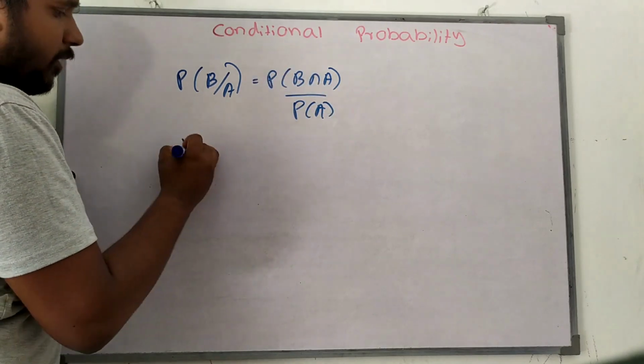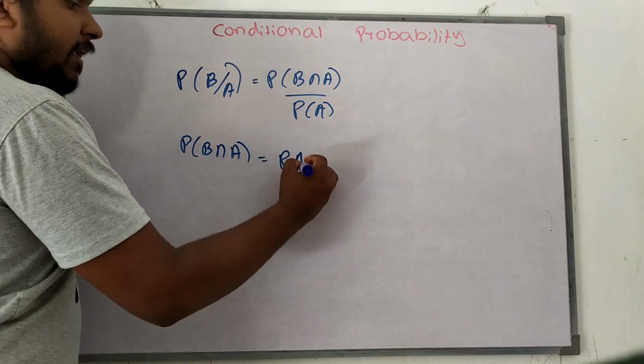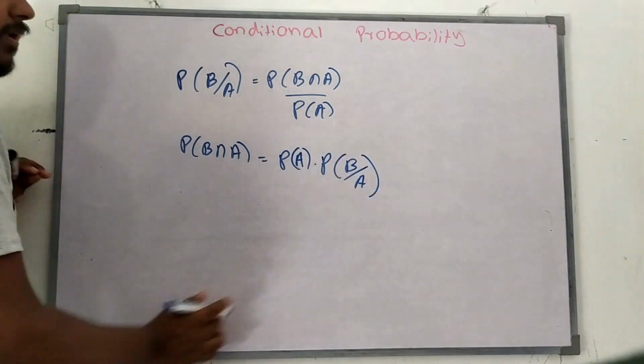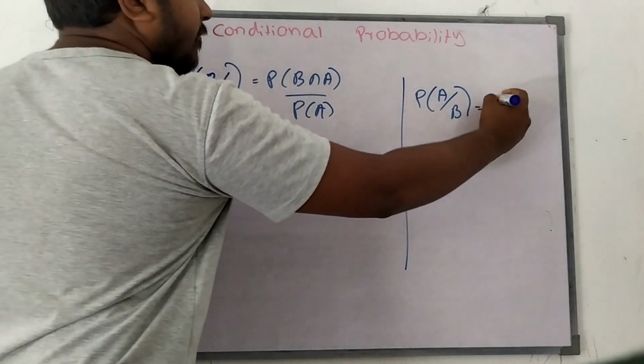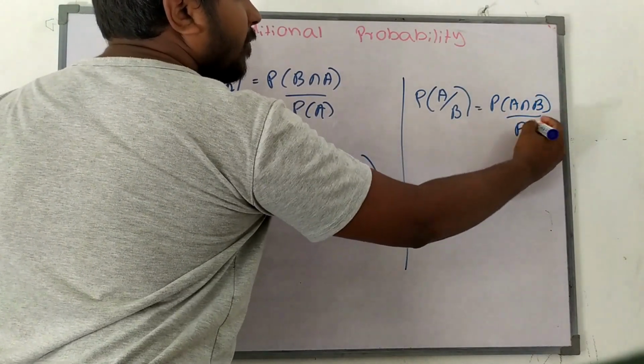So we get P(B intersection A), which is P(A) times P(B|A). Now assume the other way around, A given B. This is P(A intersection B) over P(B), no?